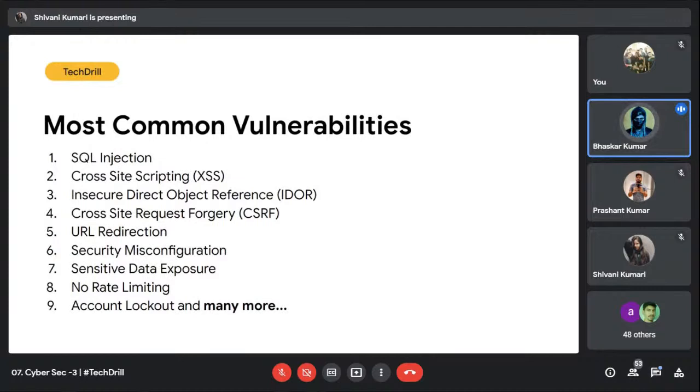So if you try changing 'from' from Bhaskar to maybe Shivani, and I send from Shivani to Varsha, then I'll be authenticated. I did not authenticate into anyone else's account, but still the message will be sent from her account to Varsha as well. These things actually happen even today.